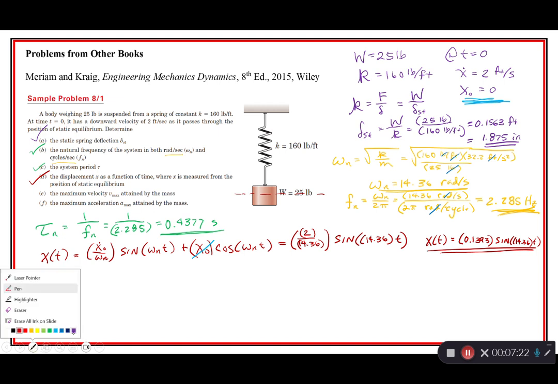This next question is sort of a jerky one: the maximum velocity. You could take the derivative of this and set the cosine to 1.